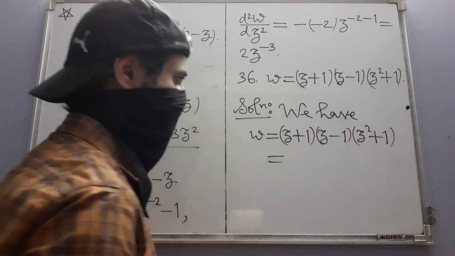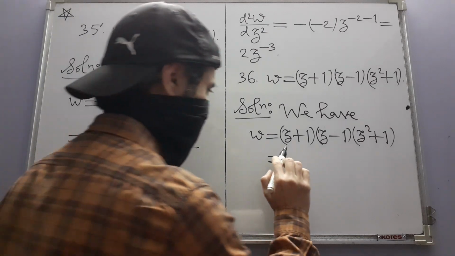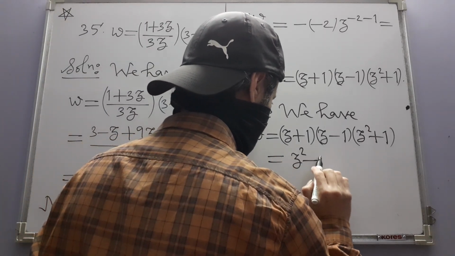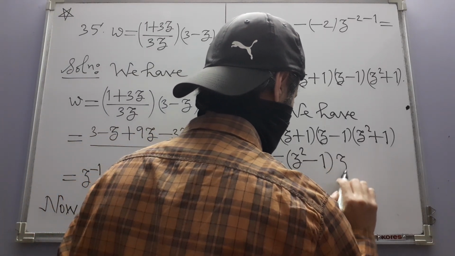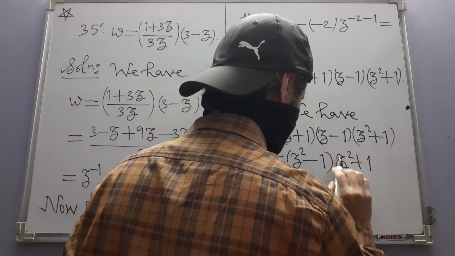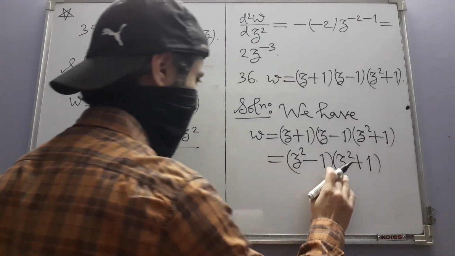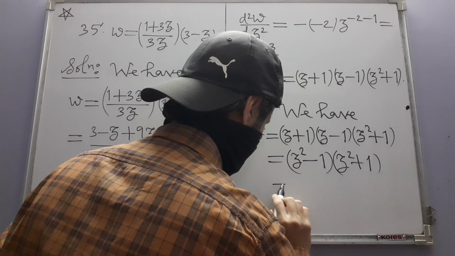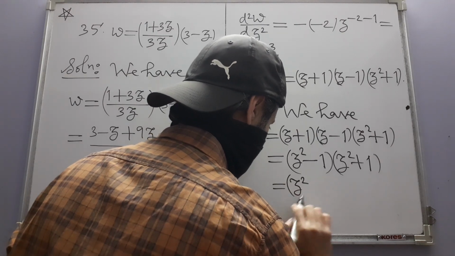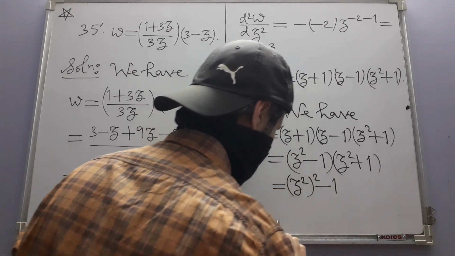because z plus 1 times z minus 1 is z squared minus 1, and it doesn't stop here also, because this minus 1 times this plus 1 further gives us this.